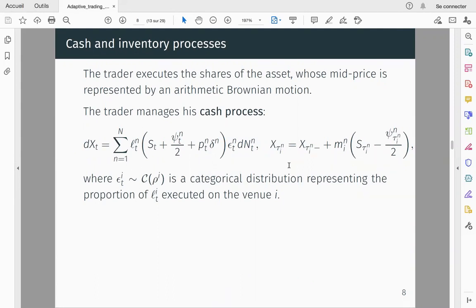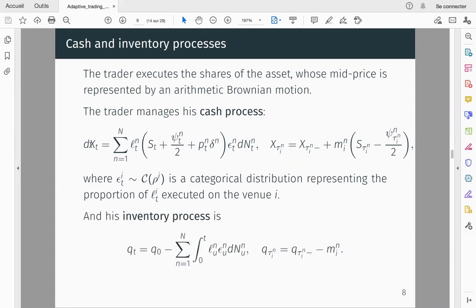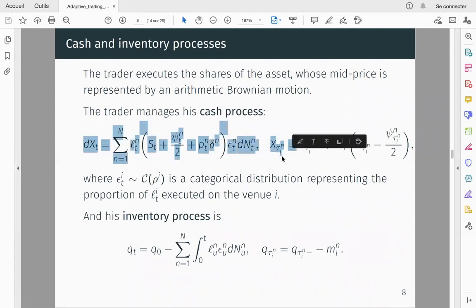The trader executes shares of the asset, and we assume that the mid price ST, which is right here, is an arithmetic Brownian motion, possibly with drift, but it's not really important. And so the trader manages his cash process, which is right here.